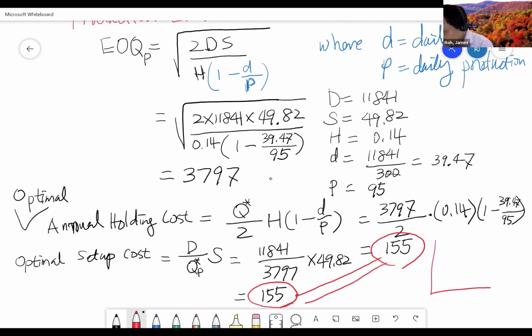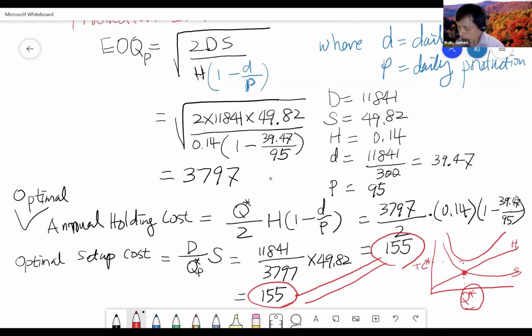Remember the formula. So here's a total cost, and there's a Q star, right? Here's carrying cost or holding cost. This is setup cost, and they have to meet here at Q star.